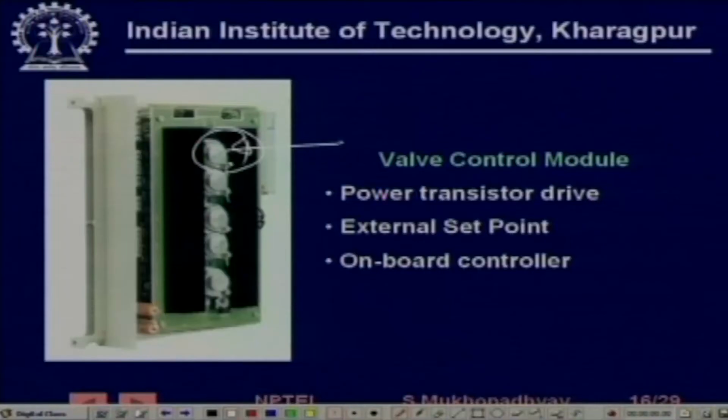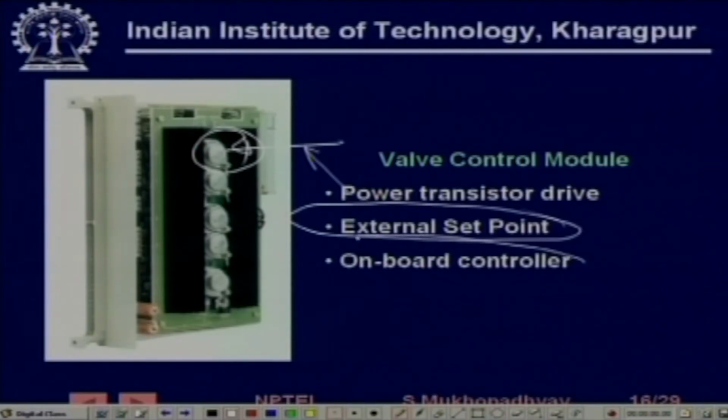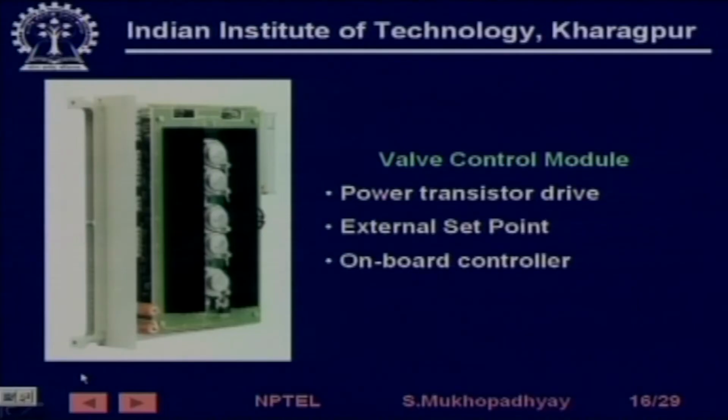For that it needs to provide a good amount of current, so you have these power transistor drives. It takes a set point from outside: it interfaces to the bus, and the central processor gives it the set point, and it has its own onboard controller. So, this is a typical valve.